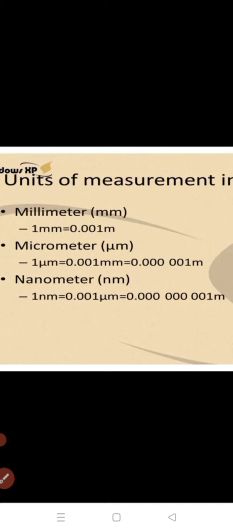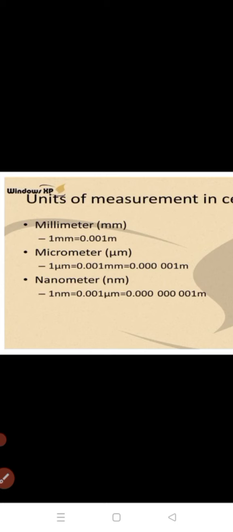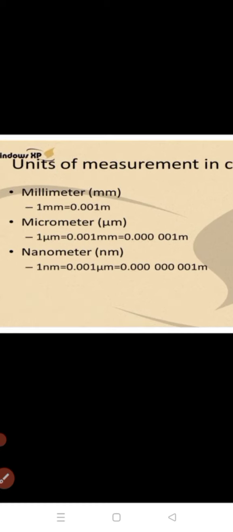One millimeter, you all can note down these units. One millimeter is equal to 0.001 meter. One micrometer is equal to 0.001 millimeter, or if we convert it into meter, it will be 0.000001 meter.